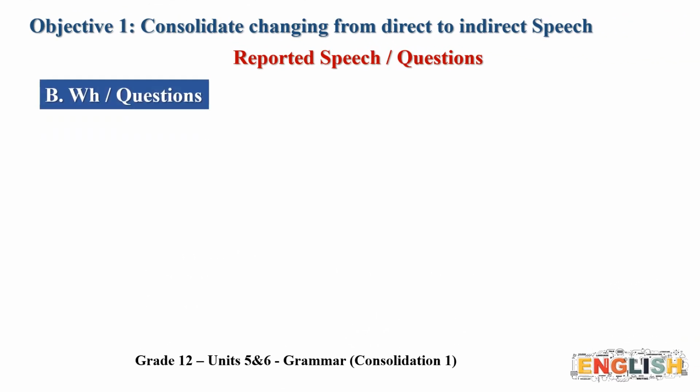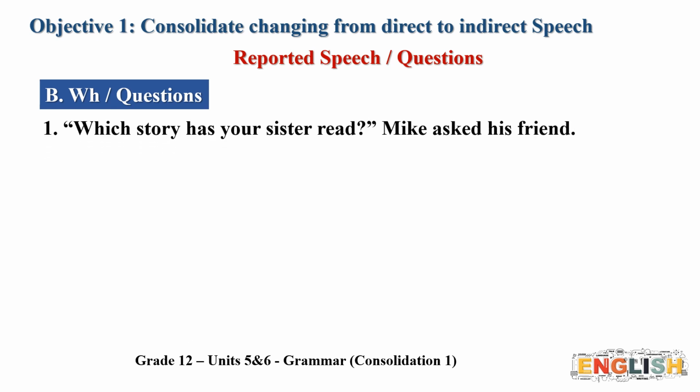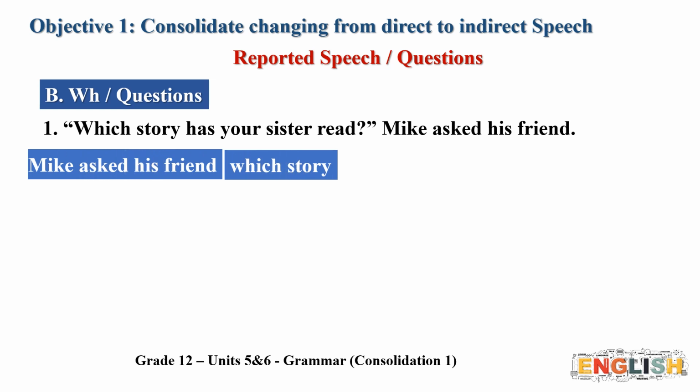Now the WH questions. And here is the first example. How are you going to report this question? Very good. Mike asked his friend which story, no change here. Then his sister instead of your sister, and had read instead of has read. Excellent.